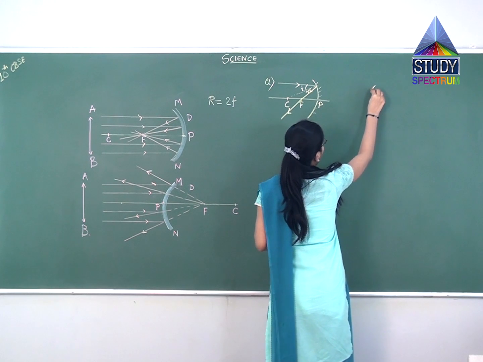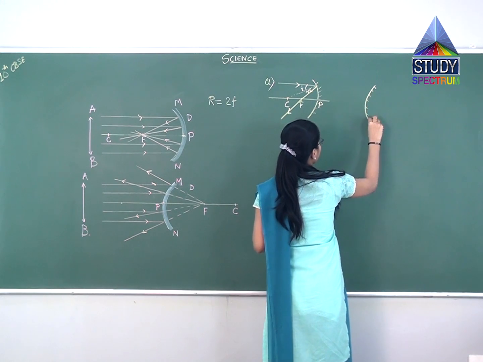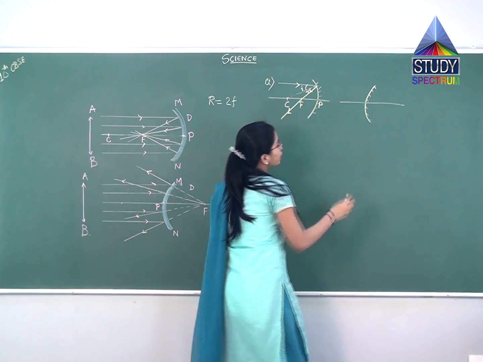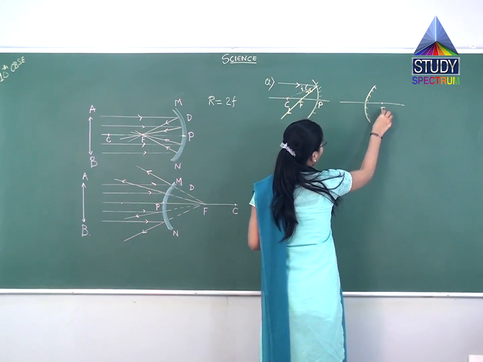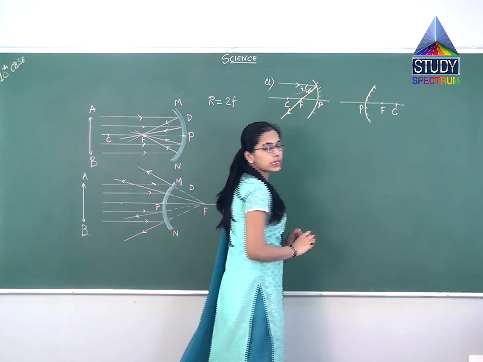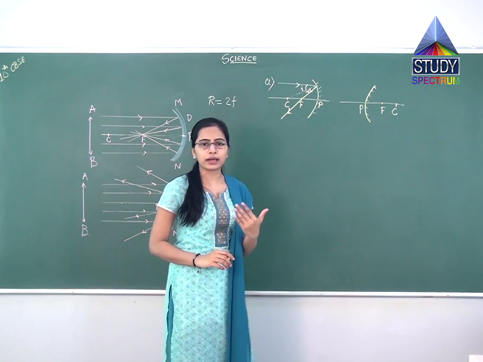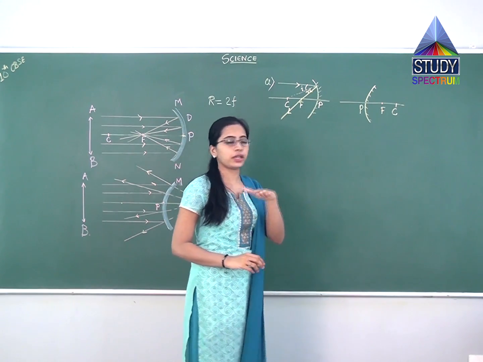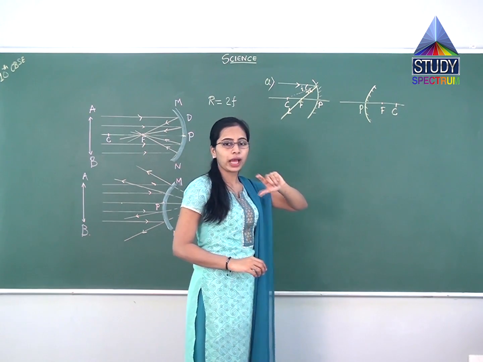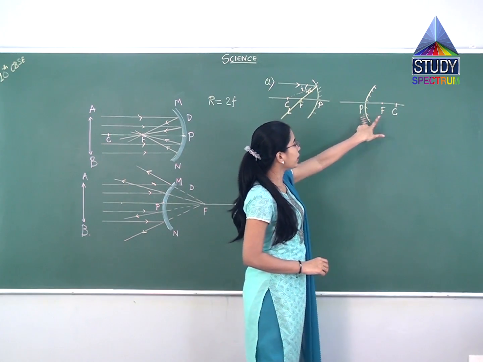Now I have this convex mirror. Here you have the principal axis. Here is your principal focus. Here is your pole, and here you have the center of curvature. Again the same condition: we are taking an incident ray parallel to the principal axis, and the distance between the two parallel lines will be equal to the distance PF.